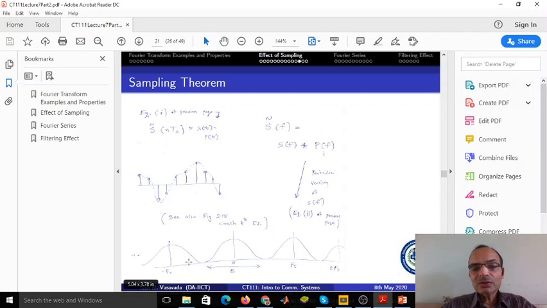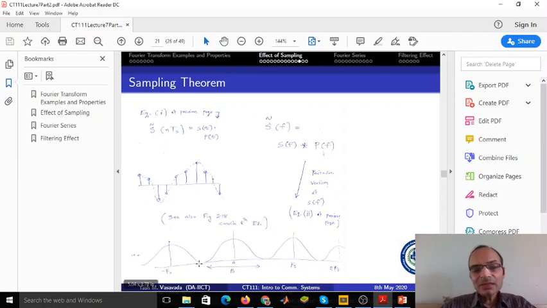And so therefore, I can actually take this spectrum here, S tilde of f, and I multiply it with a rectangular function in frequency domain. I multiply this S tilde of f with a rectangular pulse which is centered at 0 hertz and its width is B hertz.